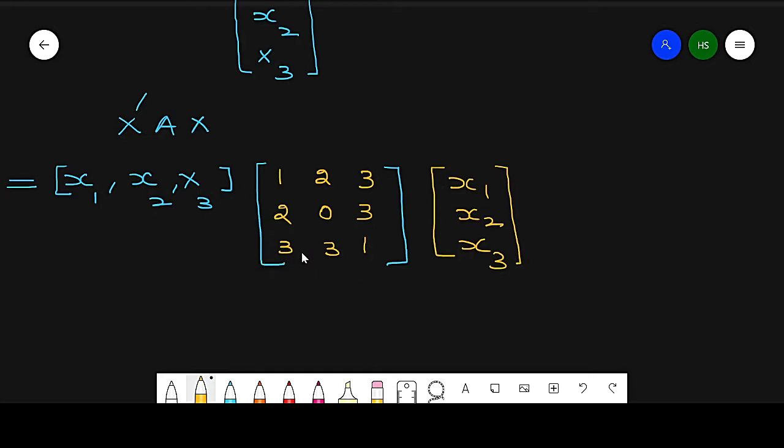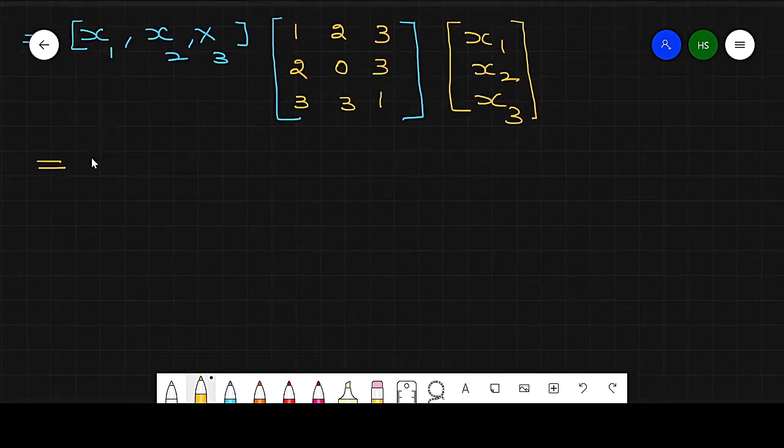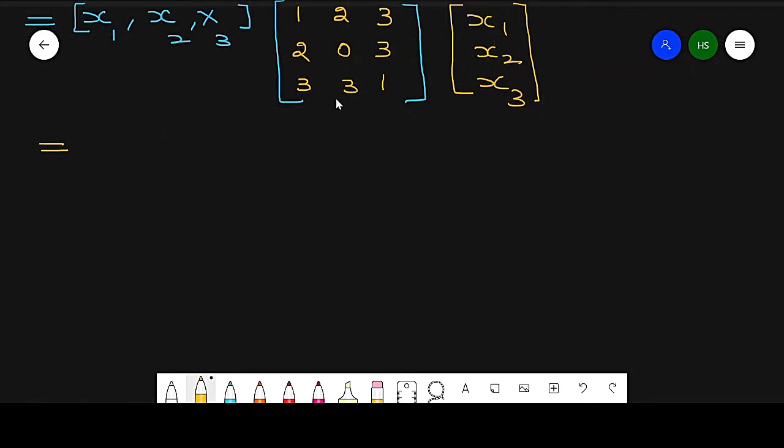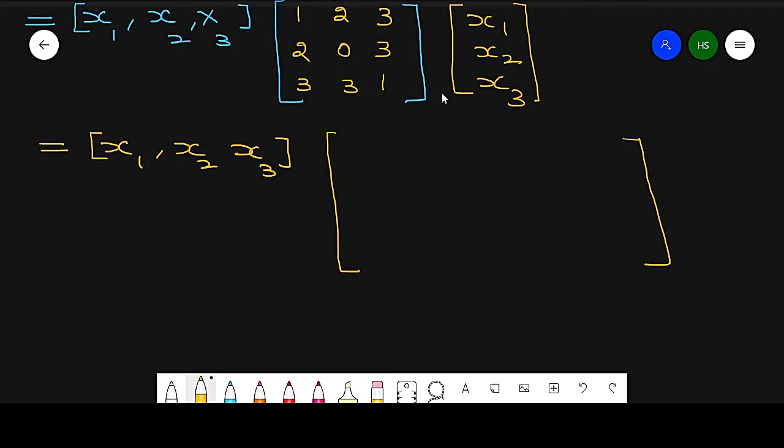Now multiply these matrices. First multiply this term, which is x1, x2 and x3, with the matrix. The product gives first x1 plus 2x2 plus 3x3.